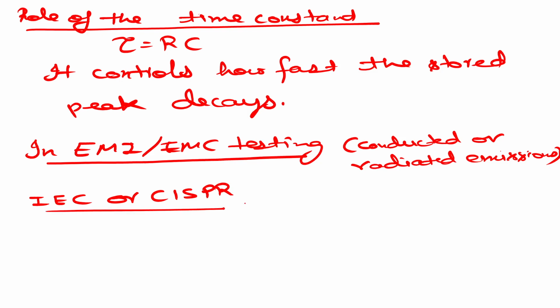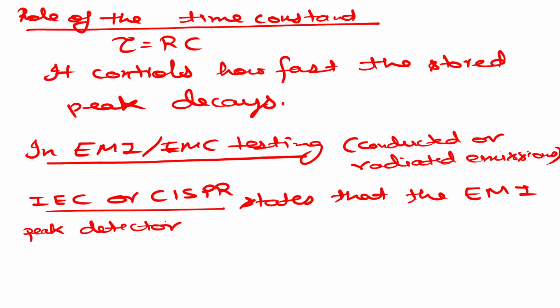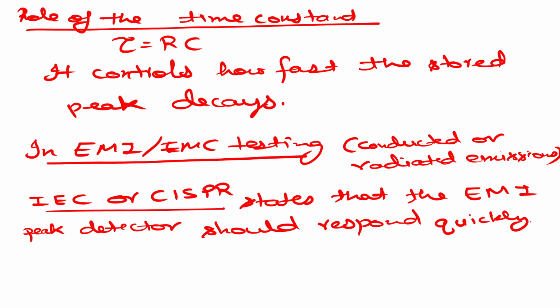This regulatory body states that the EMI peak detector should respond quickly to fast transients. So these fast transient spikes, which happen for a very short duration of time, it should be able to respond to them.